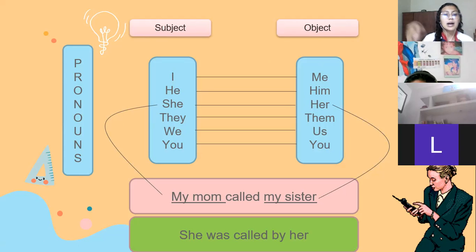Cada uno tiene el suyo: I, me; he, him; she, her; they, them; we, us; and you. You no cambia. ¿Listo? Por favor, escriban esto en sus cuadernos. This is so important. So don't forget it. Don't forget that in some cases, we use the object pronoun in order to replace the subject.